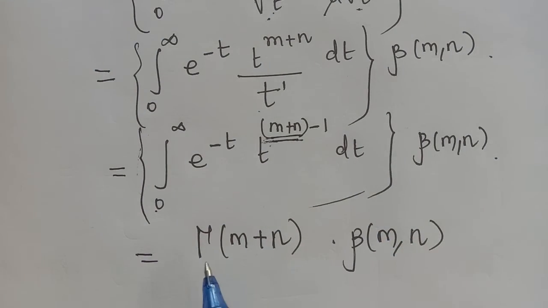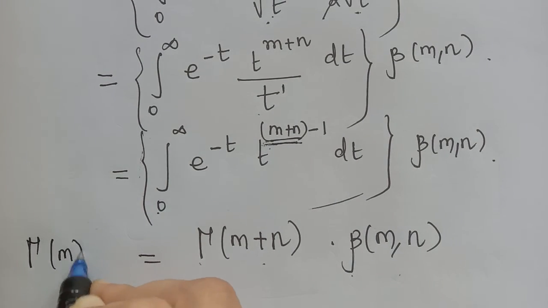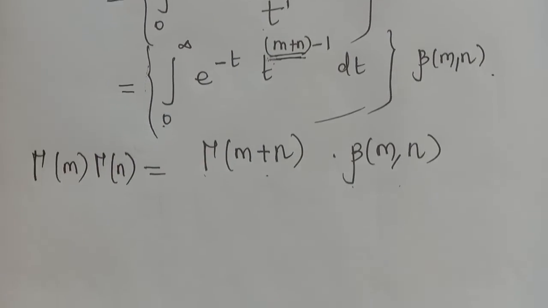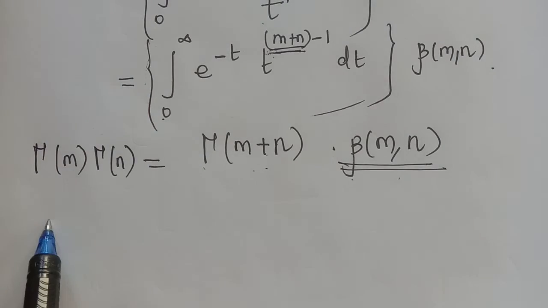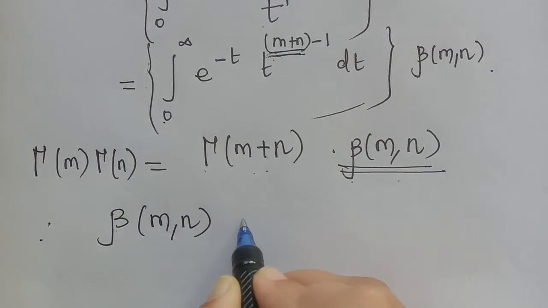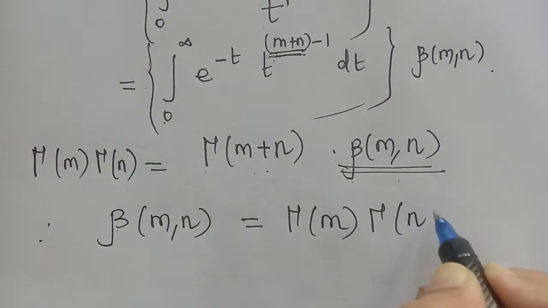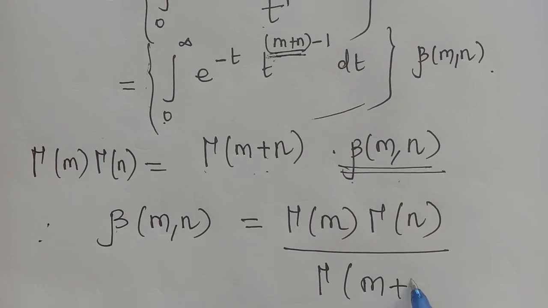So it will be gamma of m plus n multiplied with beta of m comma n. And on the left we are having gamma of m multiplied with gamma of n. And from this we get beta of m comma n to be equal to, this goes to the denominator on the other side, and therefore beta of m comma n is equal to gamma of m multiplied with gamma of n, the whole divided by gamma of m plus n.